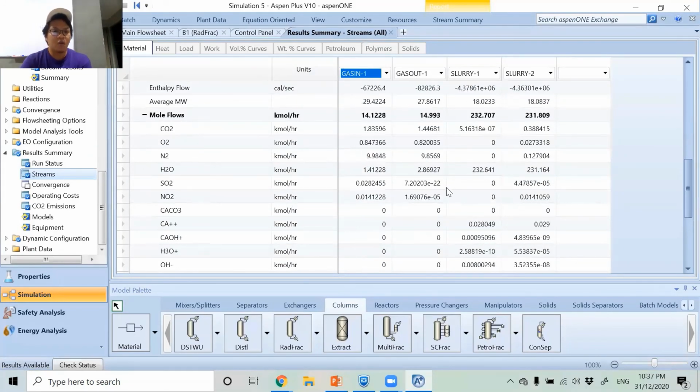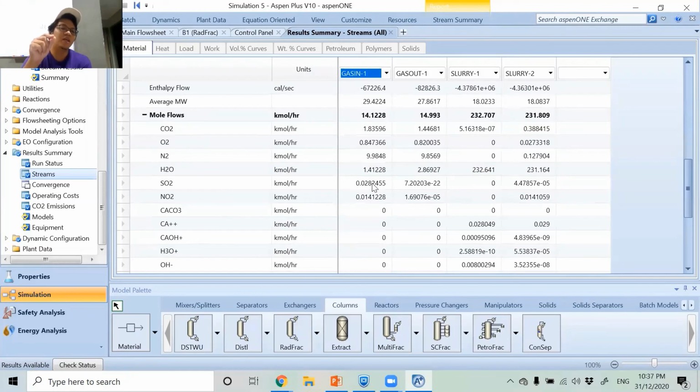atmosphere. What I'm interested in here is the molar flow rate of the sulfur dioxide. Initially, they contain around 0.028 kilomole per hour. And then if you remember, my molar flow rate of the calcium carbonate is 0.029.